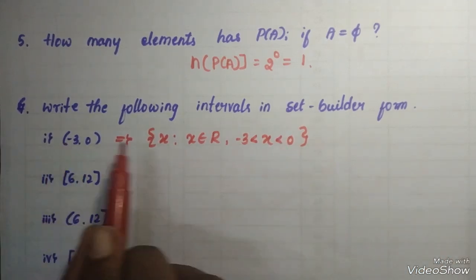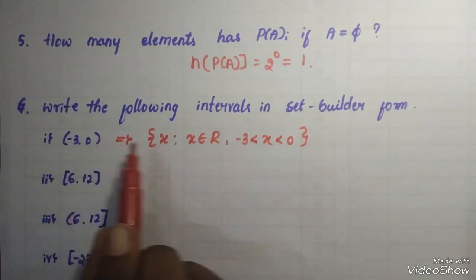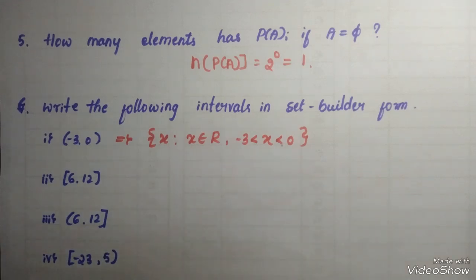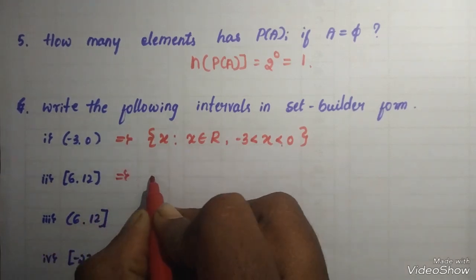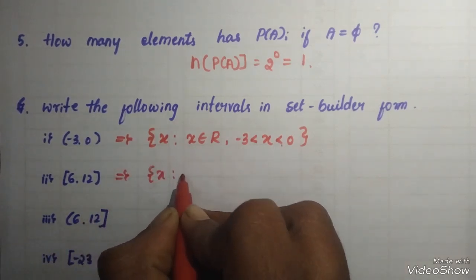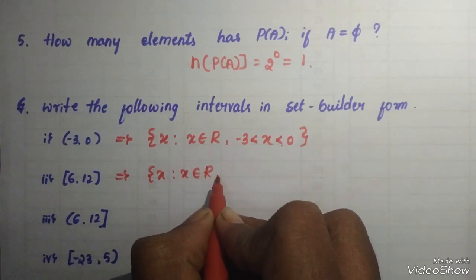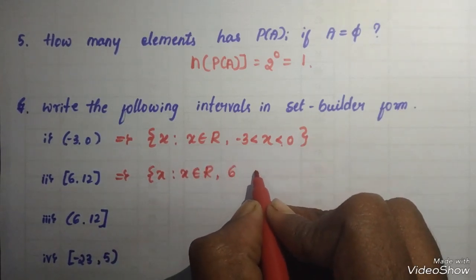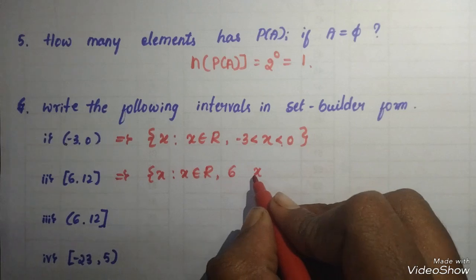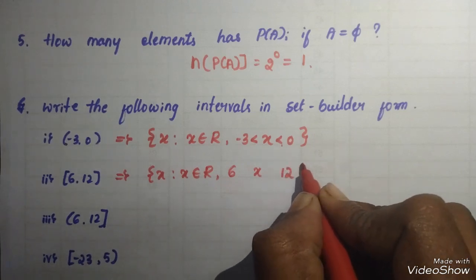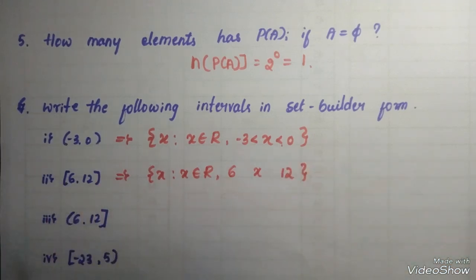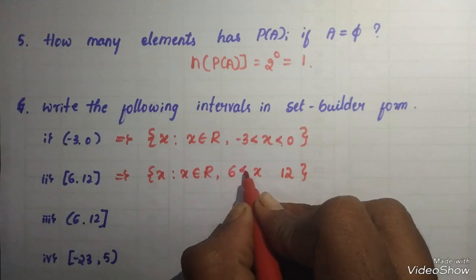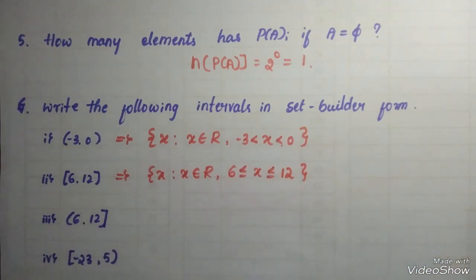Similarly for this one, x such that x belongs to real number, then first write the numbers, 6 ≤ x ≤ 12. Here both having the closed interval, therefore less than or equal to.